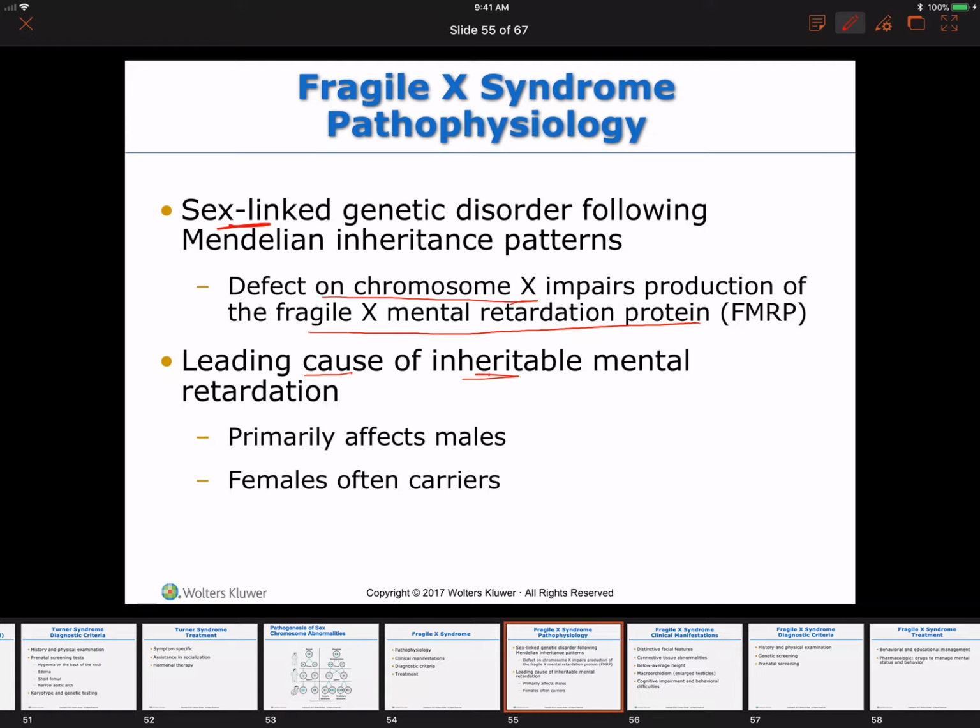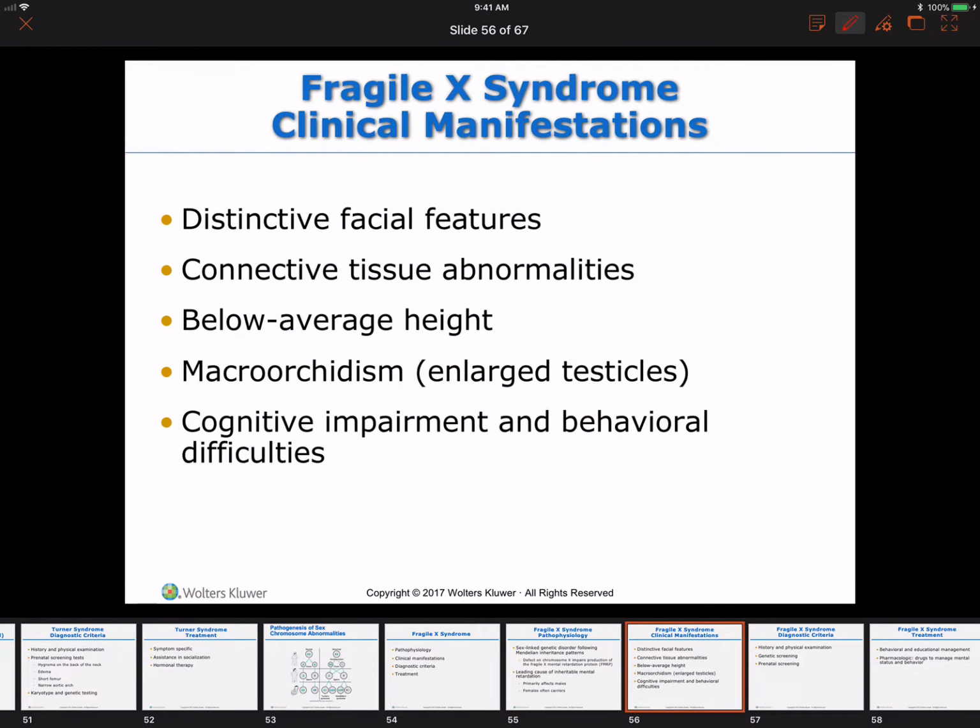It could affect males mostly, and because it's X chromosome, remember, if it's damaged, males will have it, females will be carriers. So they may present with distinctive facial features, connective tissue anomalies, below average height, enlarged testes, macro-orchidism, and cognitive impairment.